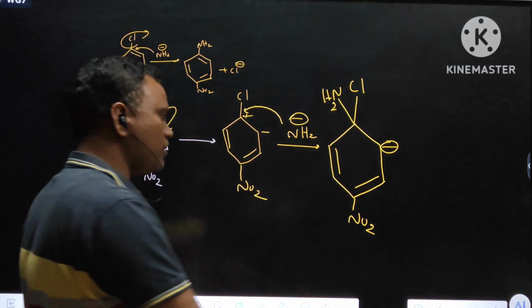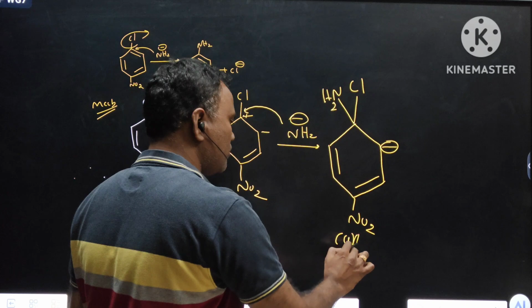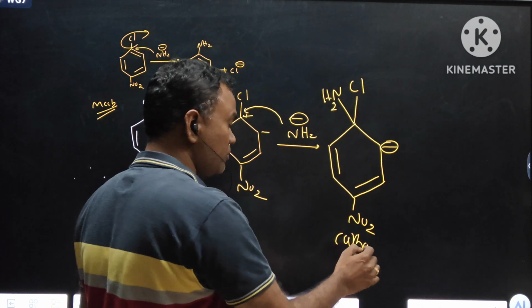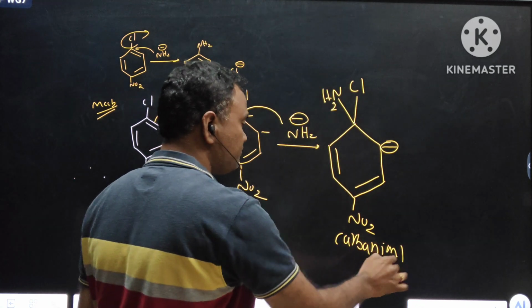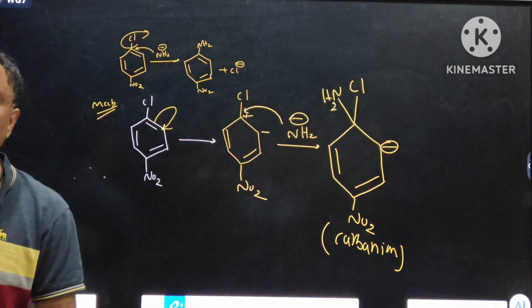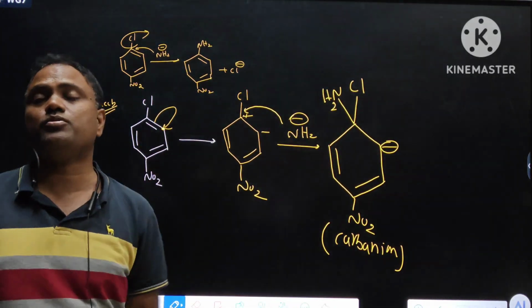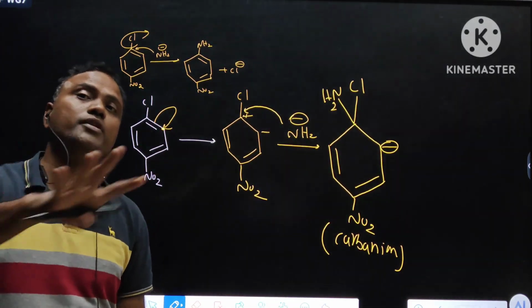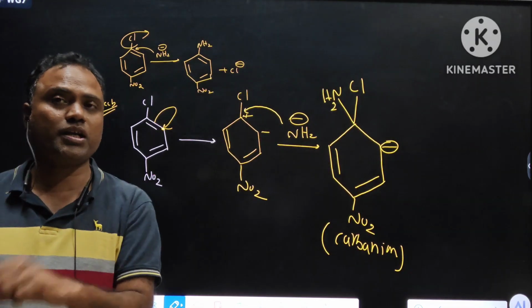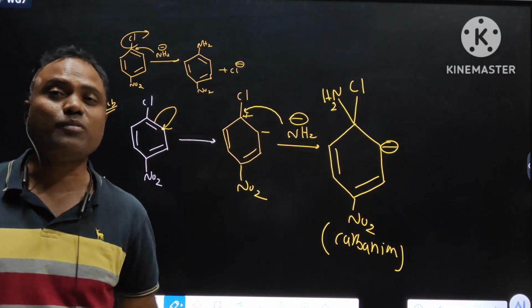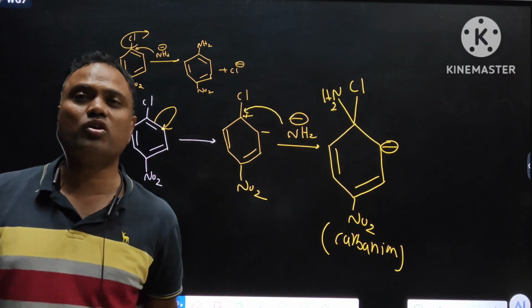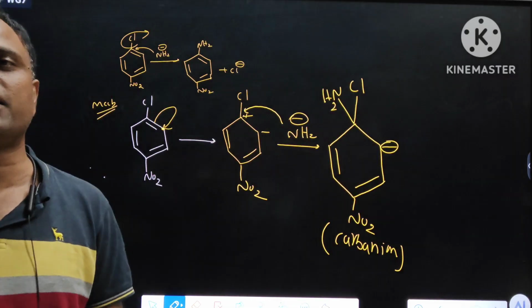This is a carbanion. Aromatic nucleophilic substitution involves formation of a carbanion. In aromatic electrophilic substitution, a carbocation is formed, that is called the sigma complex, Wheland complex, we discussed already.